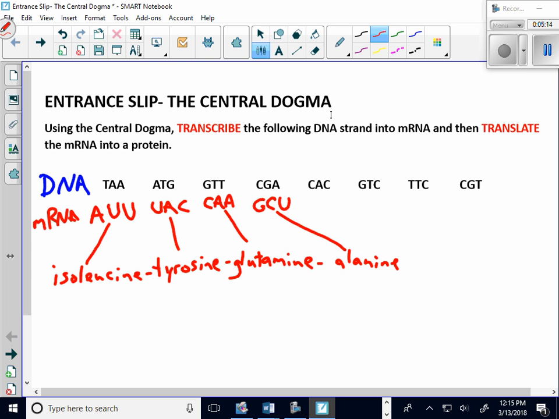Next is going to be G, U, G. G, U, G is valine. Valine, if you want to say it that way, right? Next one, excuse me, is C, A, G. CAG.